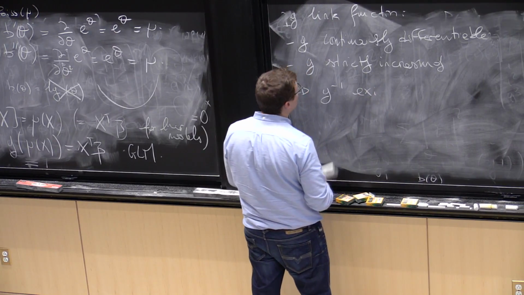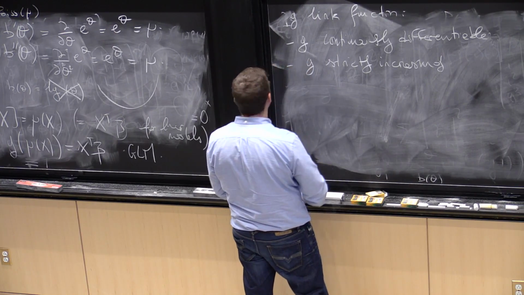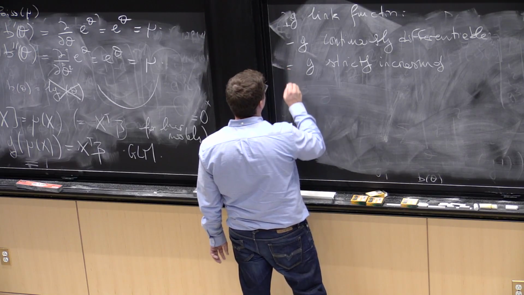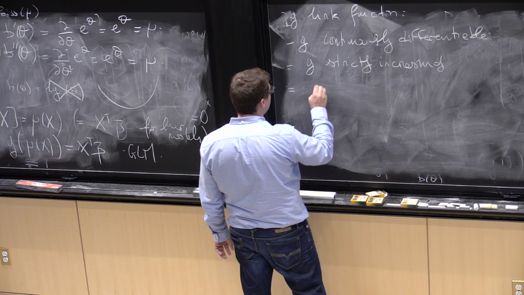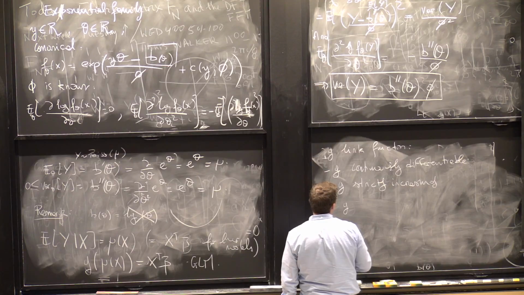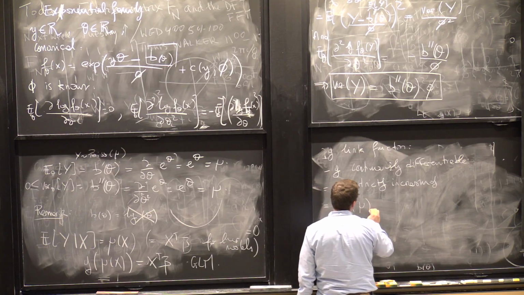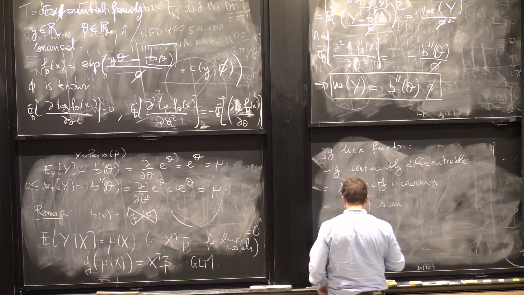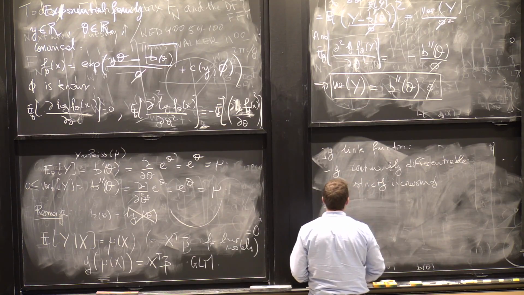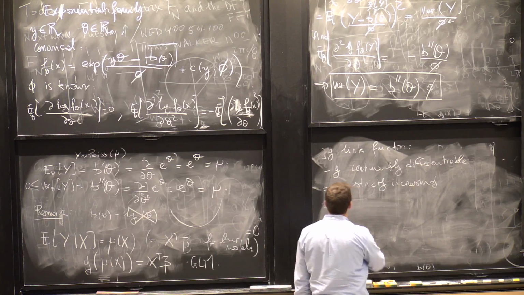Actually, that's not true. What I'm also going to want is that g of mu spans the entire real line.